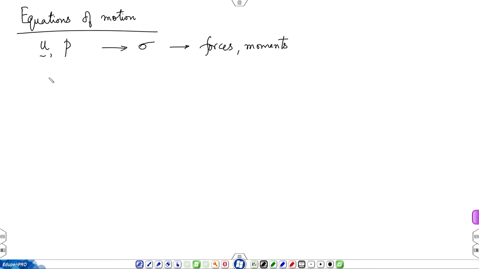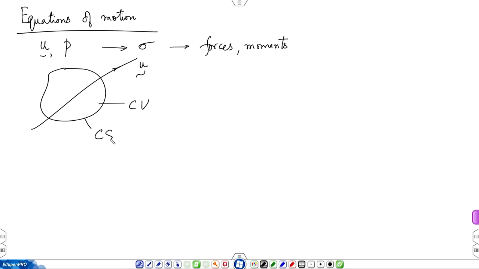So, the representation is you have a flowing medium and you set up a control volume in it. This CV is fixed in space, it is bounded by a control surface. The control surface is defined in terms of the unit normal.